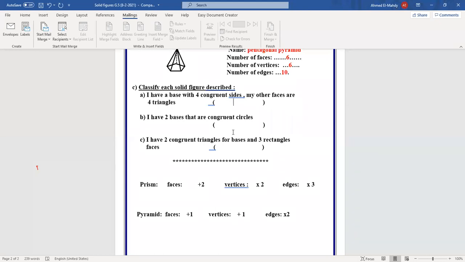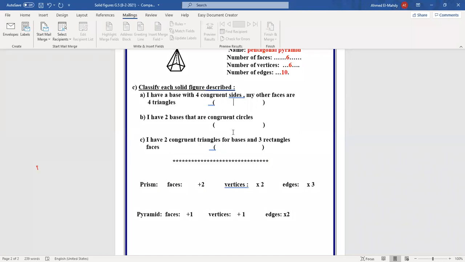It has one base, so it will be a pyramid or a prism. Pyramid, because the prism has 2 bases. And the base here has 4 equal sides, 4 congruent sides. What is the shape of the base?